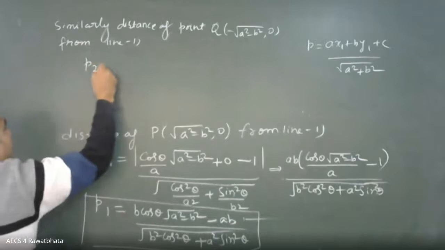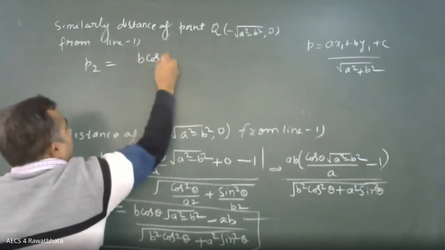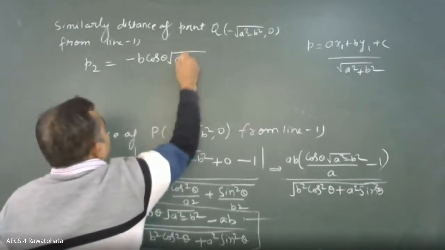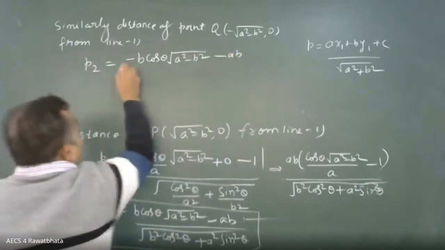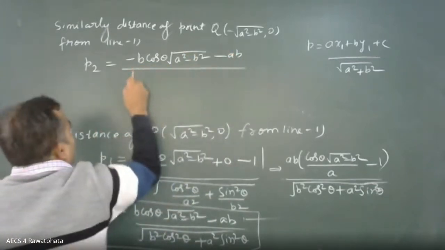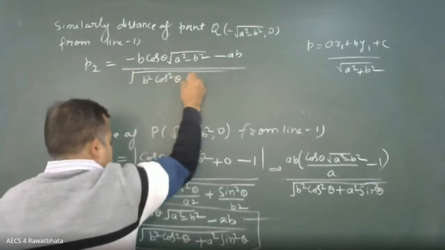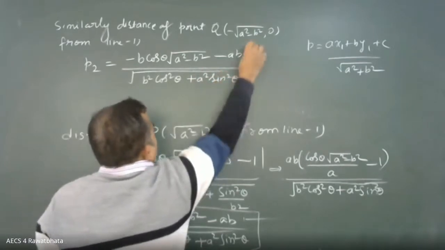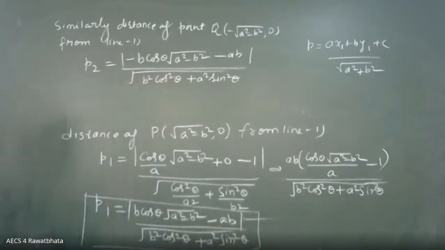This is P2, which will be b cos theta into minus, in front I'm taking root of a square minus b square minus ab, whole upon root of b square cos square theta plus a square sin square theta. Okay, the whole magnitude is there. So whether I write it or I forget to write it, the magnitude is there.